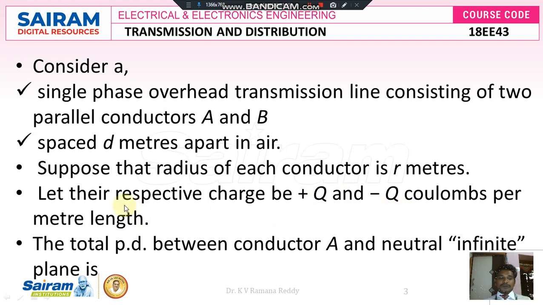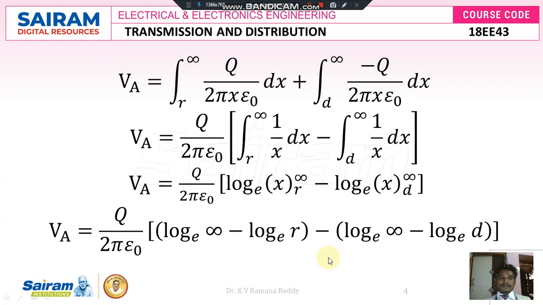Then the total potential difference between conductor A and the neutral plane, we can express mathematically as the voltage VA. Therefore VA is equal to the integral from r to infinity, where r is the radius of the conductor, and we can take the outer limit as infinity, of q by 2 pi x epsilon naught dx.